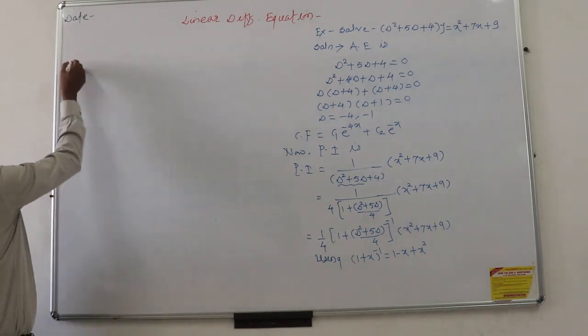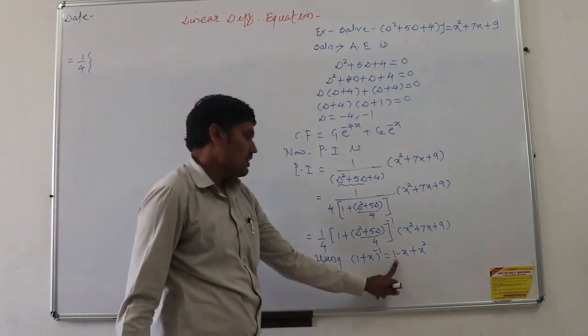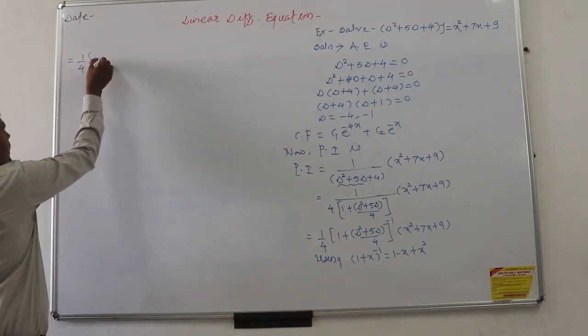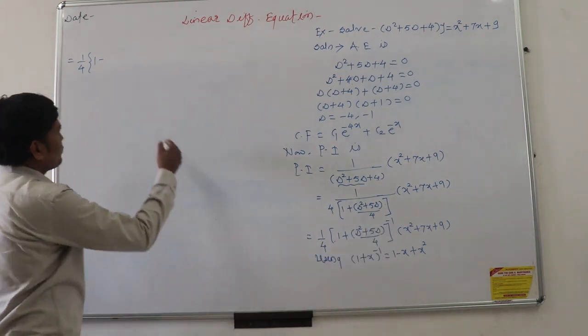So 1 by 4 as it is, into bracket, first term is 1, so 1 minus x, and x is D square plus 5D upon 4.